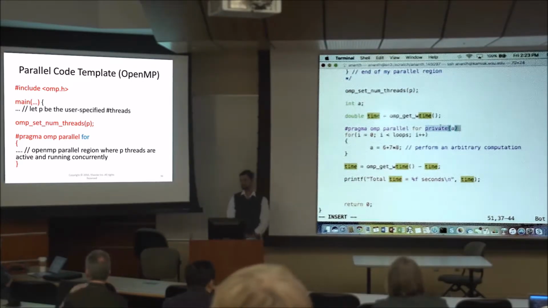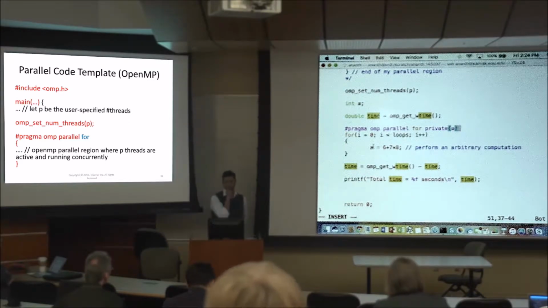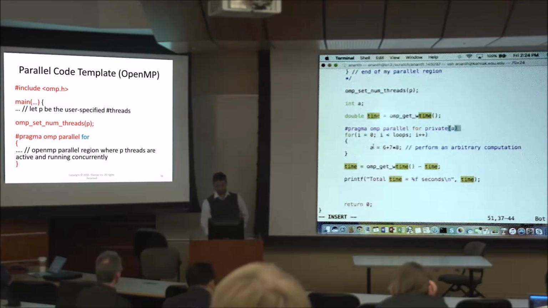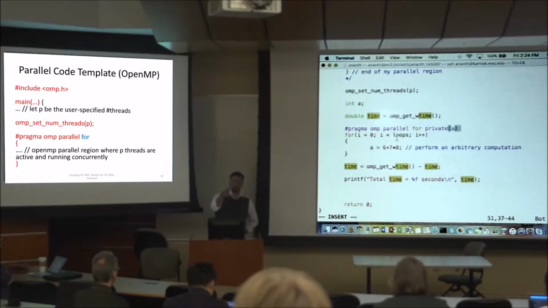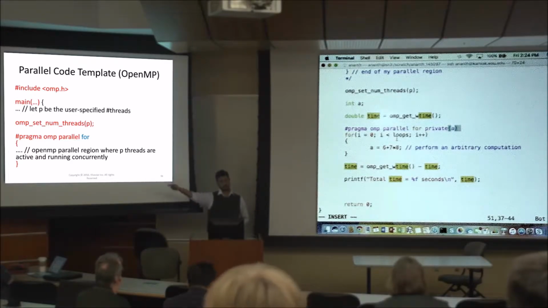So now we have specified the scope, which means that a will be treated as a private variable for each of those threads. But remember, the threads are themselves executing multiple iterations. So within each iteration, the copy of variable a is going to be different from the copy of the same variable a in another iteration.